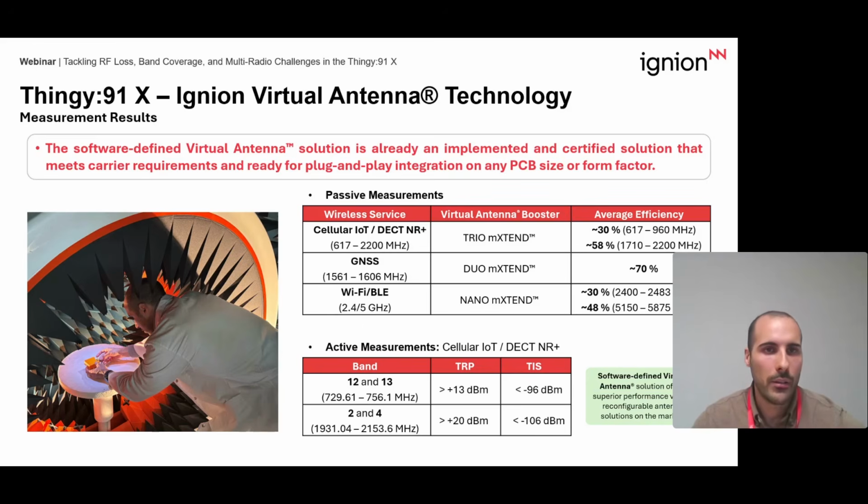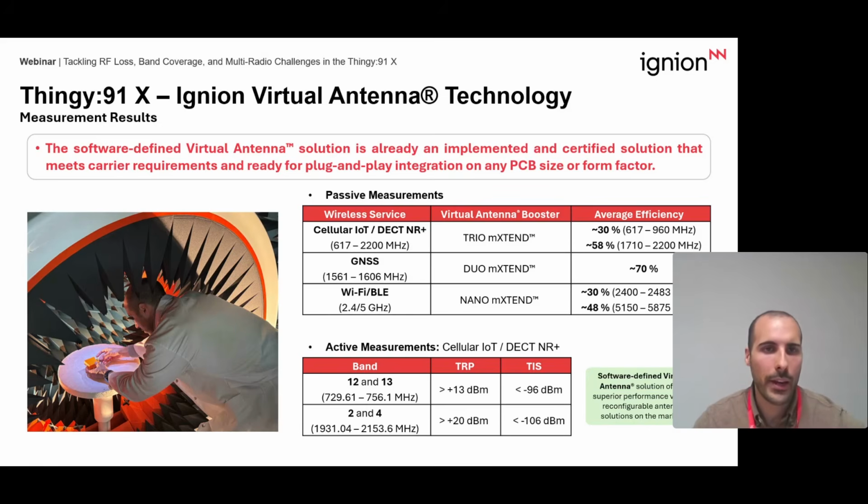On the other hand, regarding active measurements for the cellular IoT section, just to give you an idea of the TRP and TIS values the device reaches across low and high bands, we have for those lower bands, bands 12 and 13, it shows TRP levels above positive 13 dBm, while keeping TIS values below minus 96 dBm.